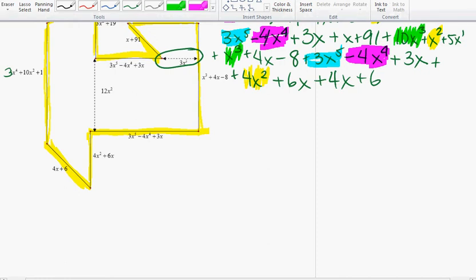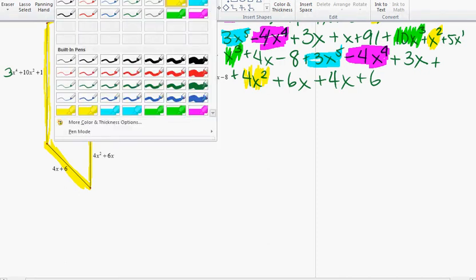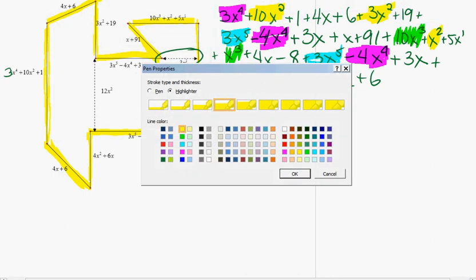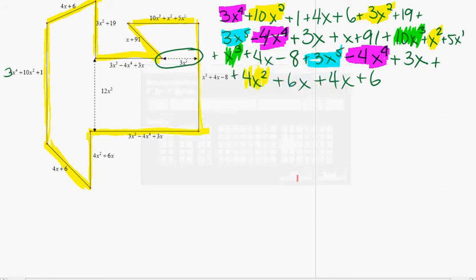No, alright. Well, am I out of highlighter colors? It appears like I am. Let's see if I can get some other colors here. My highlighter: purple, yellow, blue, green. What about a red highlighter? So I'm going to highlight my x's, x to the firsts.